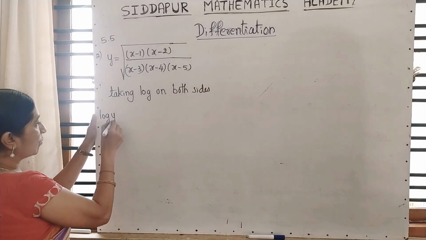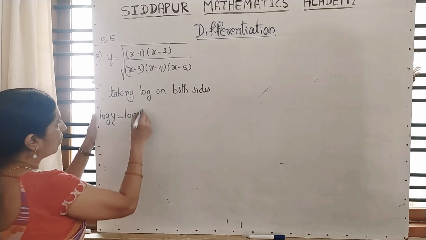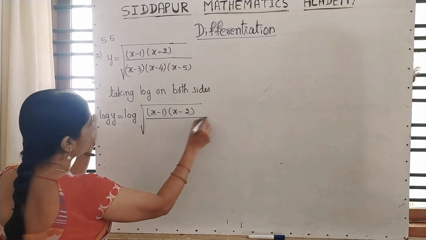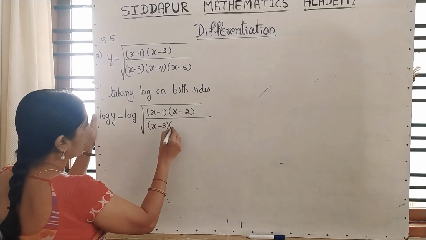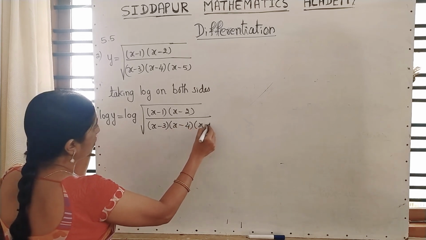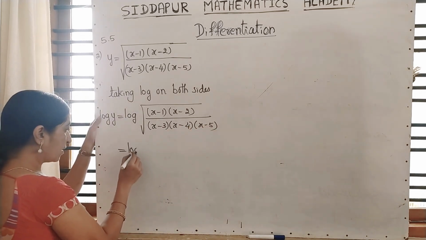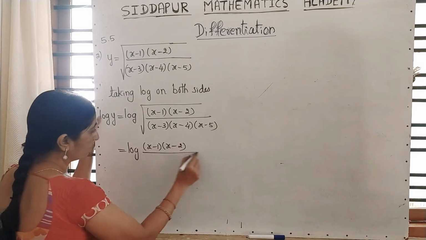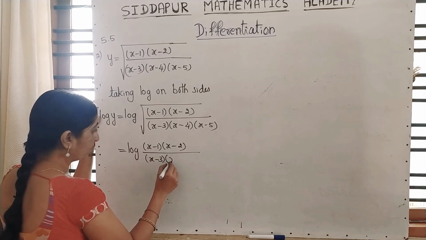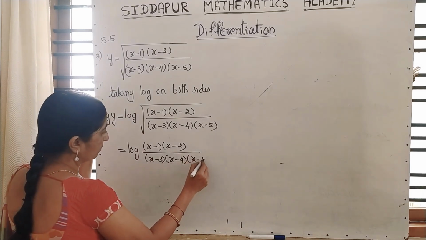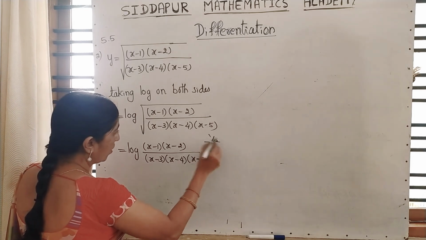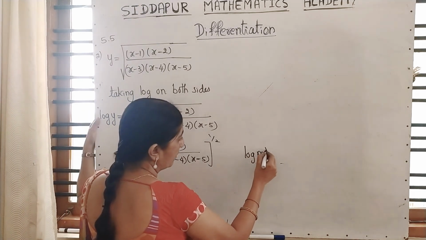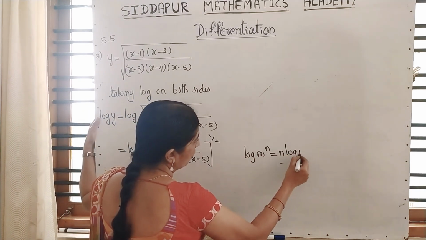Log y is equal to log of root x minus 1, x minus 2 divided by x minus 3, x minus 4, x minus 5. It is log of, root will be written as raised to half, and it is in the form of log m raised to n is n into log m.